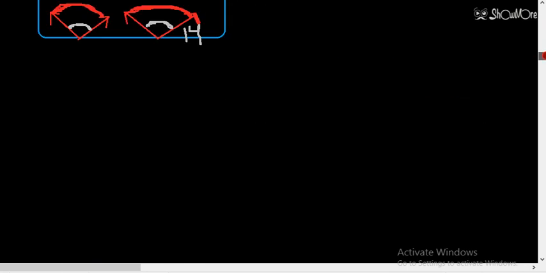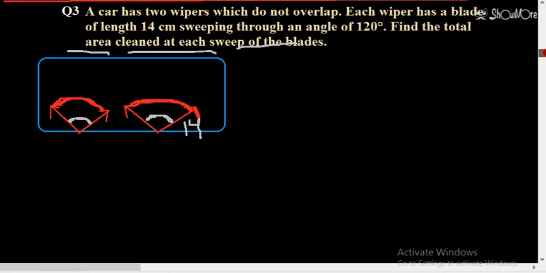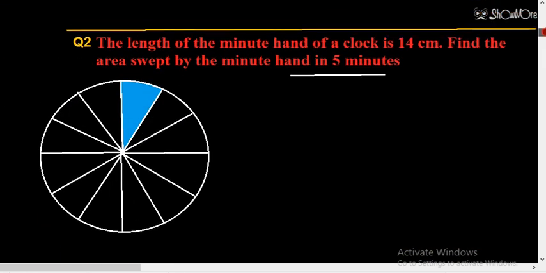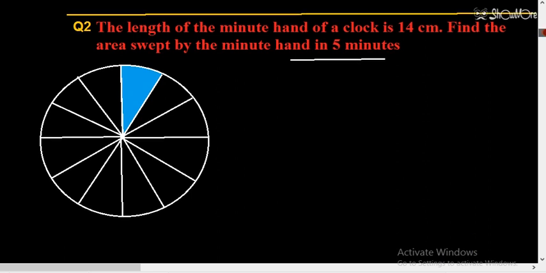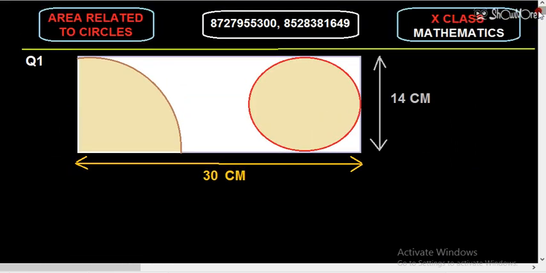This question is taken from NCERT, area swept by minute hand in 5 minutes. You can note down the solution. Then this is the question that I have taken from my own end, because such types of questions were asked in last year's examinations also.